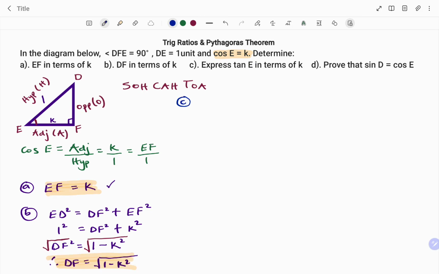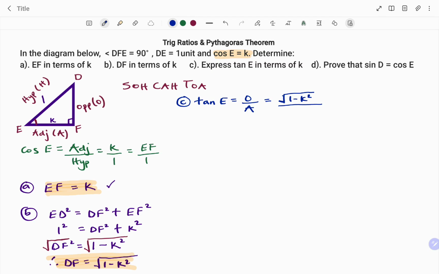The next question says we should express tan E in terms of K. Tan E is equal to, using the trig ratio, tan is opposite, that's O over adjacent A. Opposite is my DF, so we have that as root of 1 minus K squared divided by adjacent.